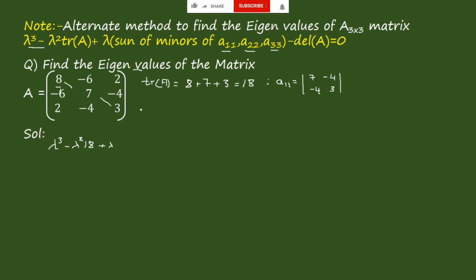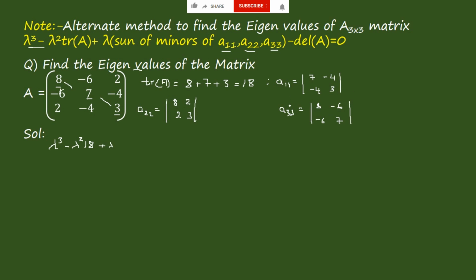Now coming to A22, we remove the row and the column, so the remaining elements are 8 2 2 3, right? Again coming to A33, which is 3, we remove the row and the column. The other elements are 8 minus 6 minus 6 7, right?